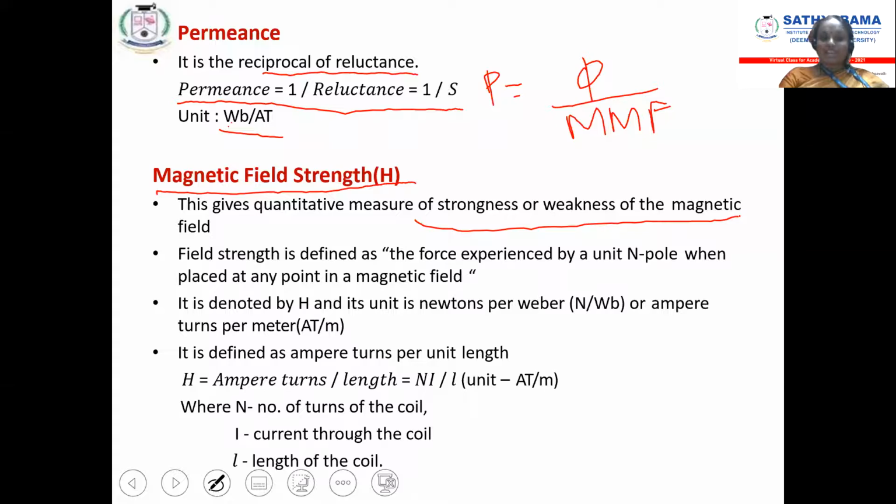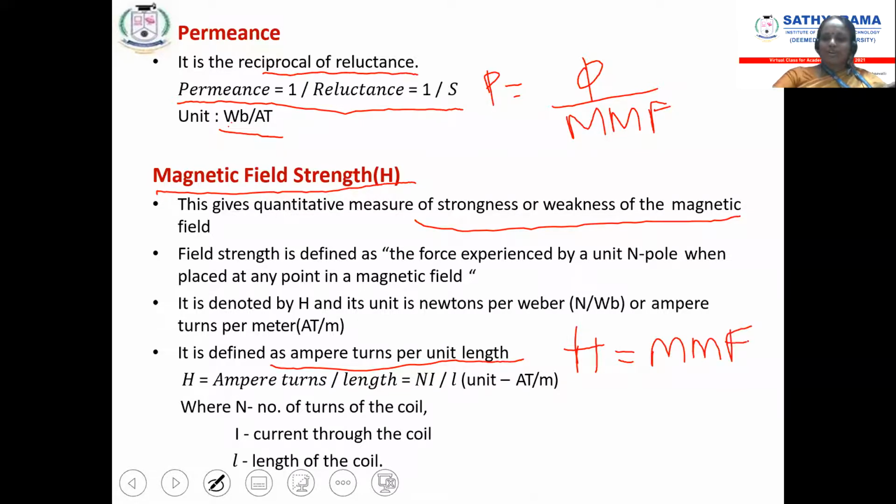The terminology is magnetic field strength. How will we measure the magnetic field strength? Ampere turns per length. Ampere turns means what, ma'am? It's nothing but mmf.